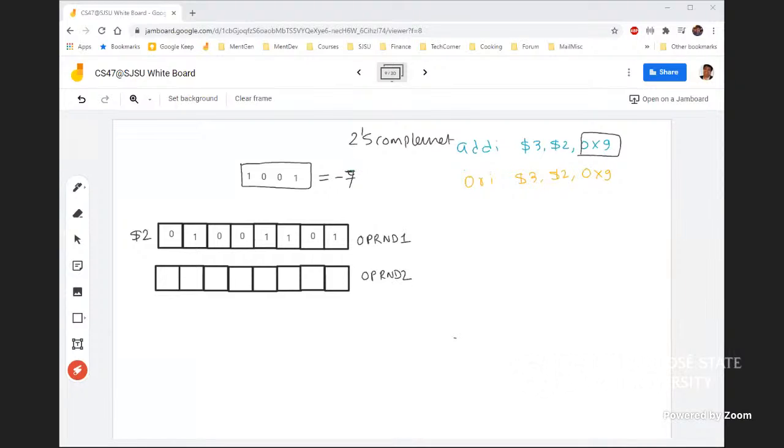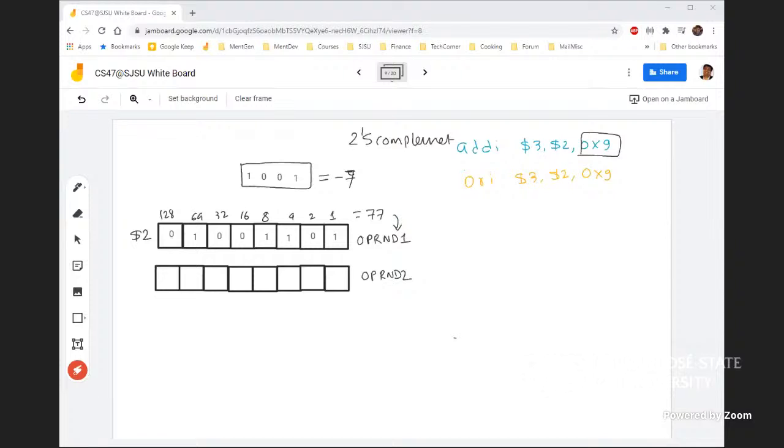And let's say I have the $2 operand bit pattern as this. What is that value? Let's calculate: 1, 2, 4, 8, 16, 32, 64, 128, which is 64 plus 8, which is 72, plus 4, 76. This is 77, operand 1.